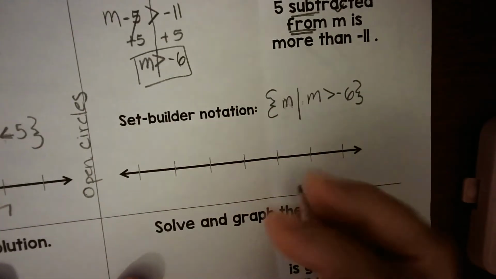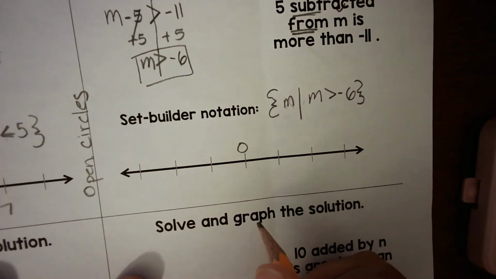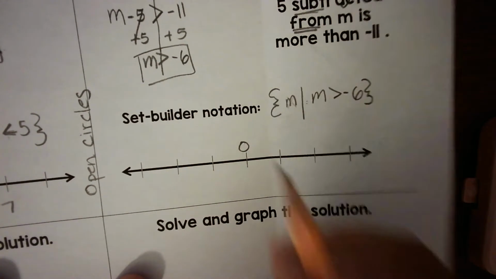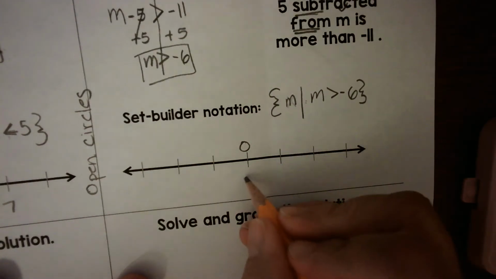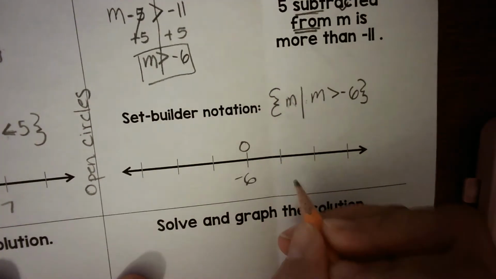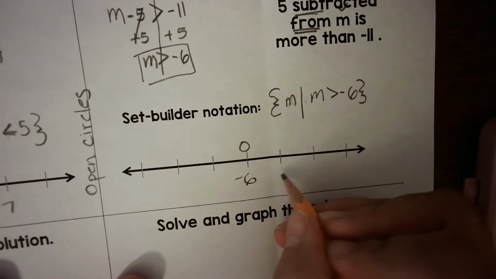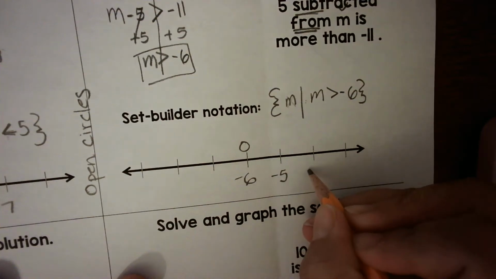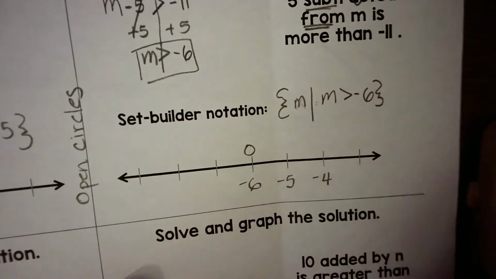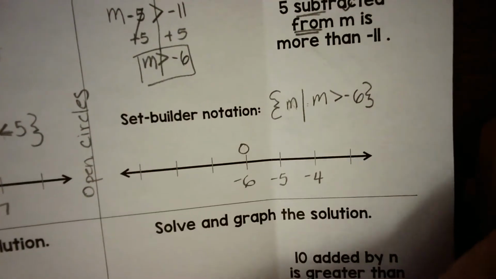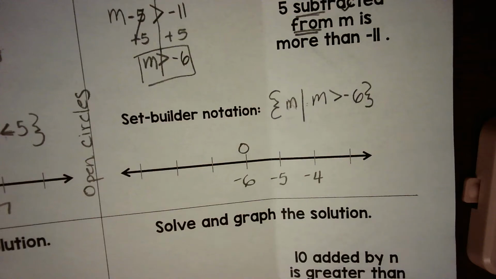For the number line, we're going to make an open circle because it's not included in our graph. This is not part of the solution, just anything greater than that. So we're going to put negative 6. I do want numbers on the left and I do want numbers on the right. What is greater would be negative 5. Negative 4. So usually students get this part wrong for me on the homework assignment because they want to go like the positive number line.